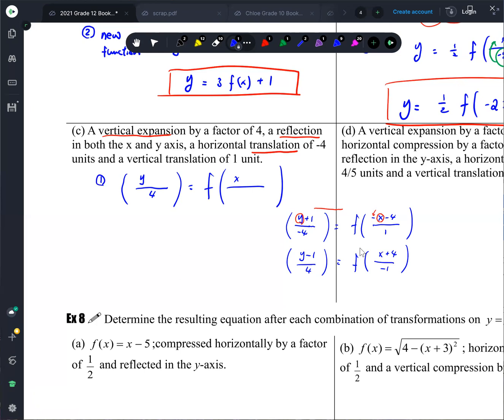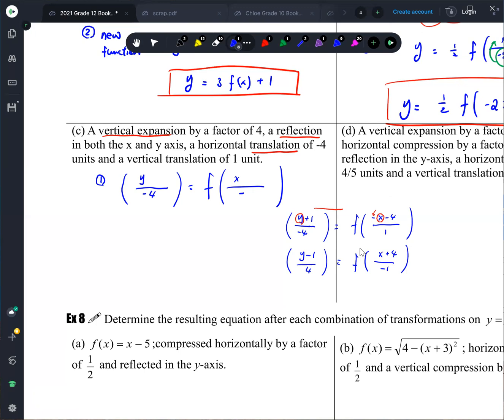Next thing, it has a reflection in the x and y axis. So you need to have negative in both sides, right? So you have a negative on the y side, reflect over x. Negative on the x side, will reflect over y.